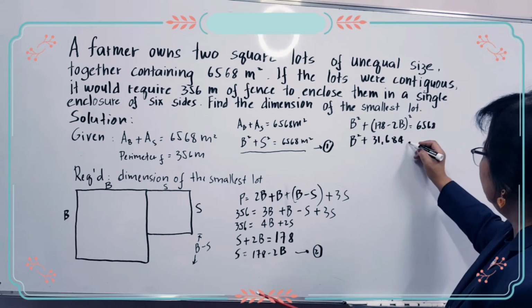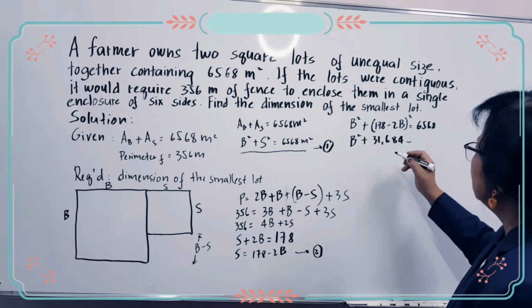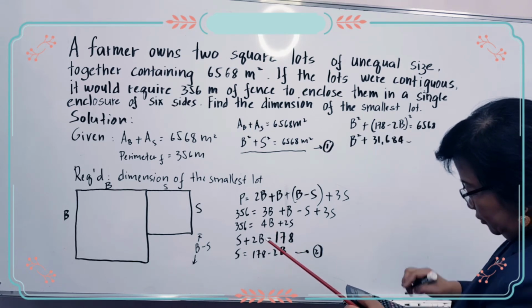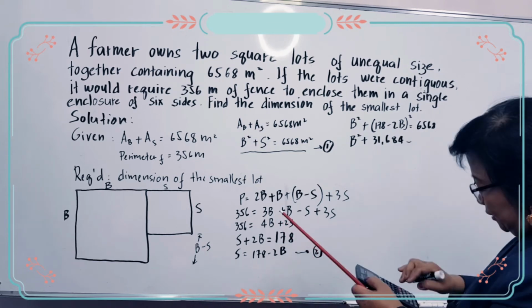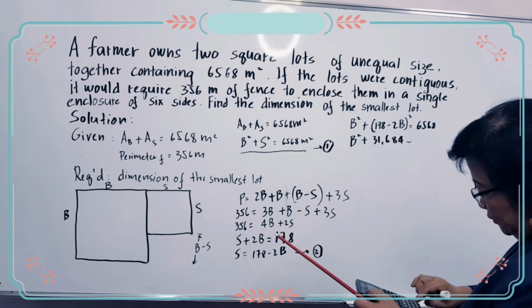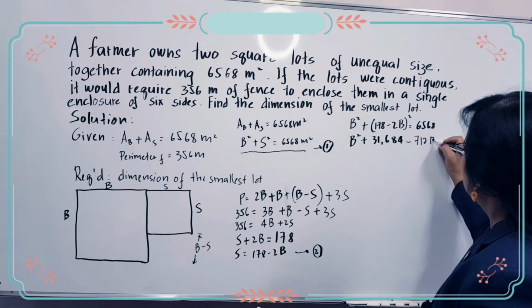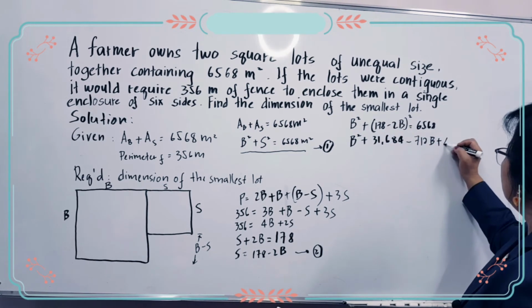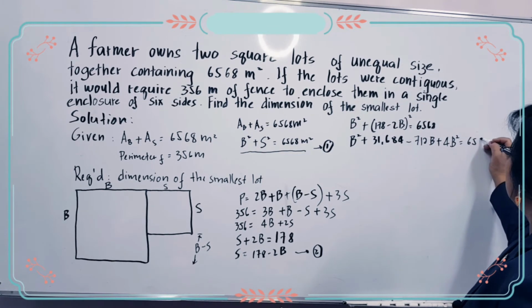Of course, minus 178 times 2 is 356, so 356 plus 356 is 712. Plus, the square of minus 2B will become 4B squared, equal to 6568.